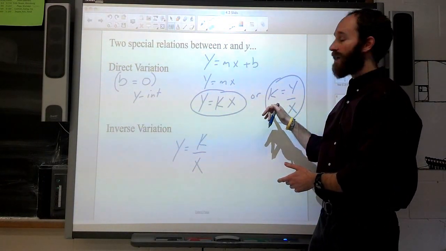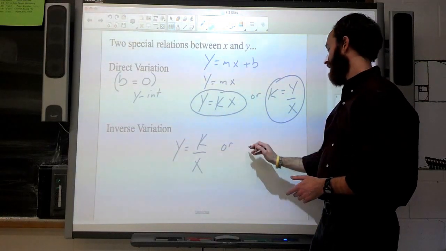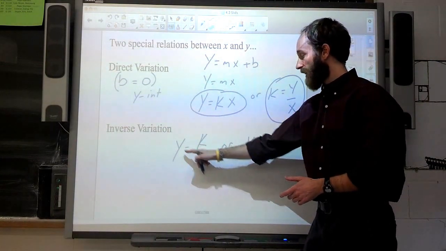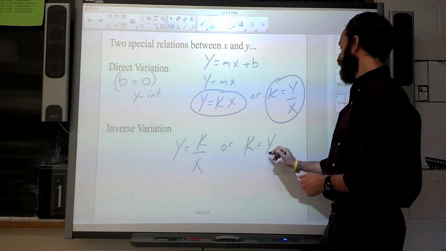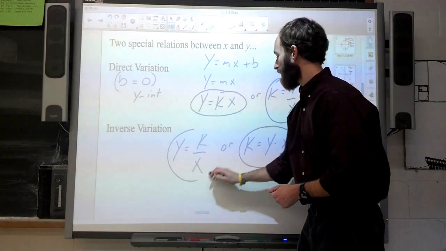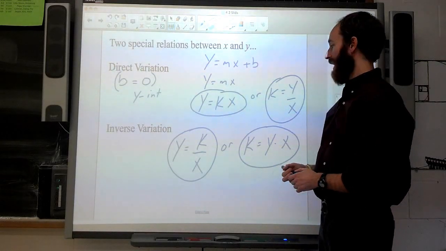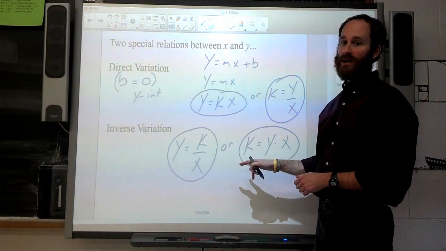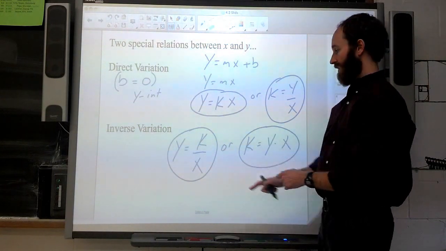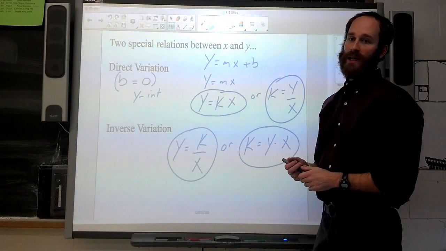We have two different ways. The second way to rewrite this would be solving for k. K equals, cross multiply here, k equals y times x. So two ways of going through and solving for inverse variation. So we would have inverse variation, y equals k over x, or k equals y times x.